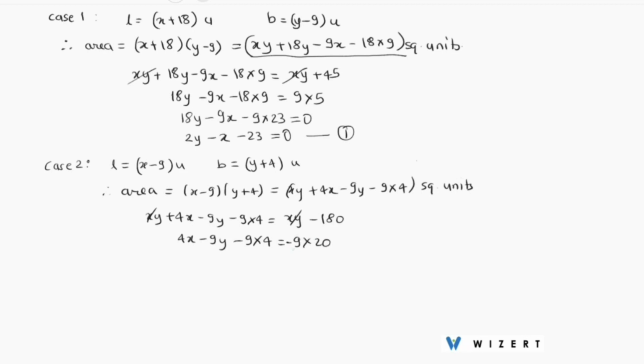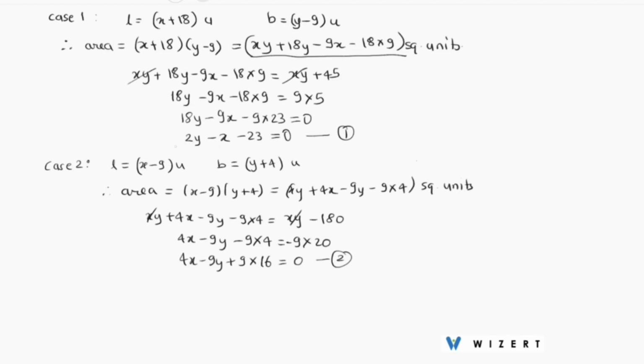We take this over to the left hand side, and since it is negative, it will add. So we have 4x minus 9y minus 9 into 4 plus 9 into 20. Taking 9 common, we get 20 minus 4, which is 9 multiplied by 16, equal to 0. Let's name it equation 2.